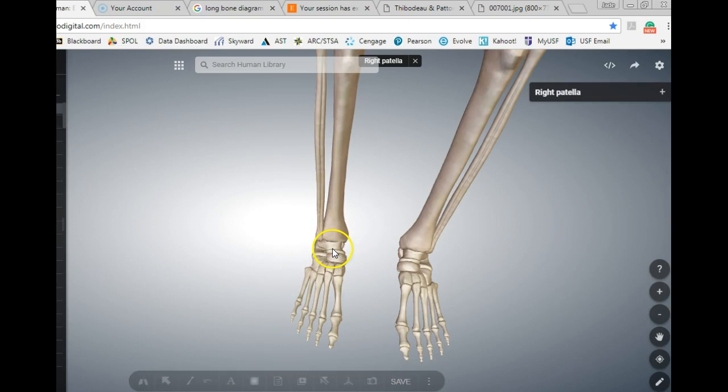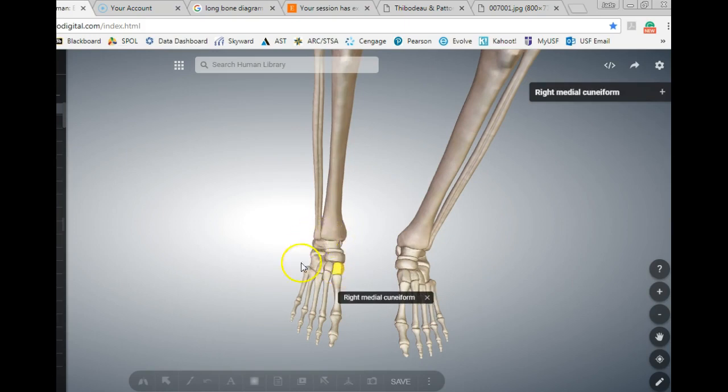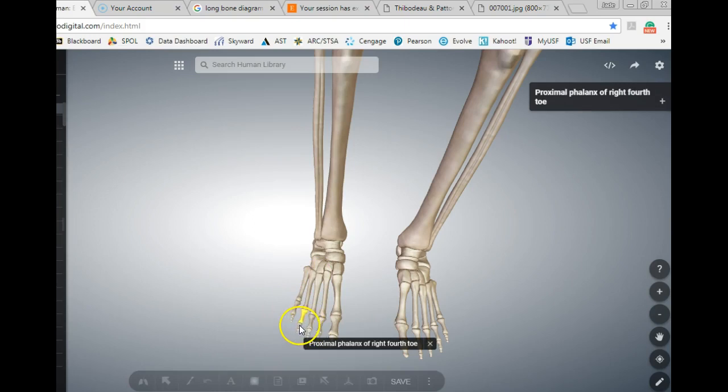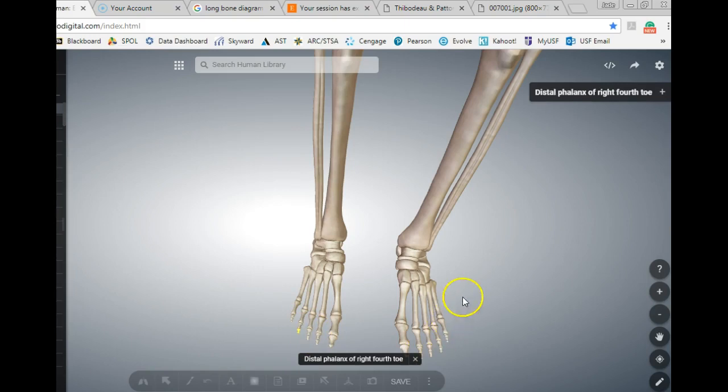So tarsals are going to be the bones of the ankles. Again, multiple names for these bones in here. For our purposes, they're just going to be tarsals. And here are the metatarsals, and then our phalanges. So proximal, middle, and then just a teeny tiny distal phalanx.